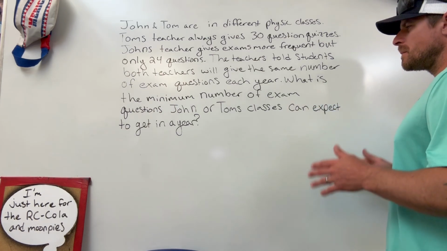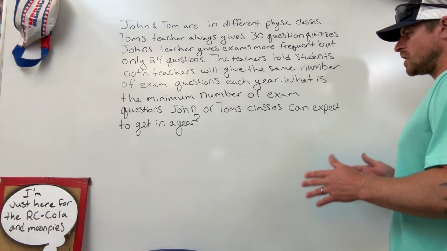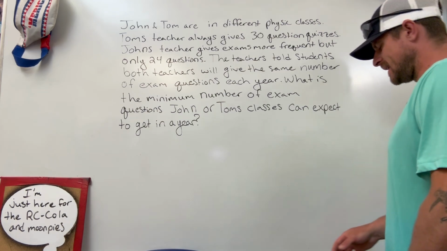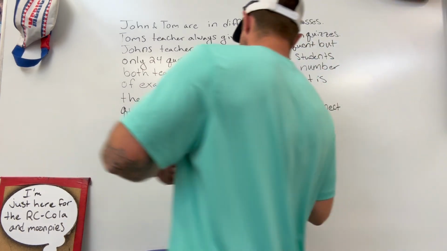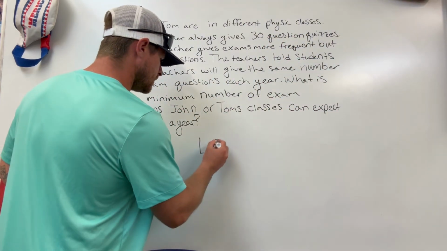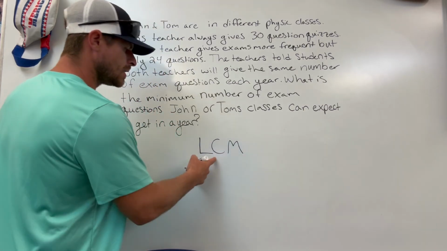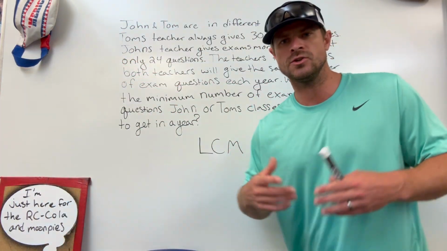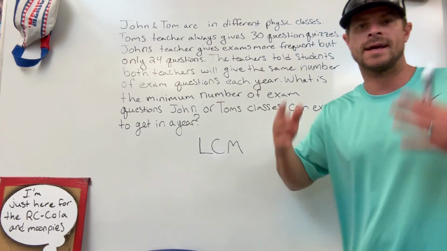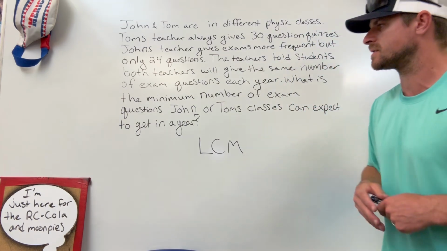What is the minimum number of exam questions John and Tom's class can expect to get in a given year? So you can prime factor, and then you can find the LCM, least common multiple. Once you know how to prime factorize, then you can take the least common multiple. I can show you how to do it in this next video.